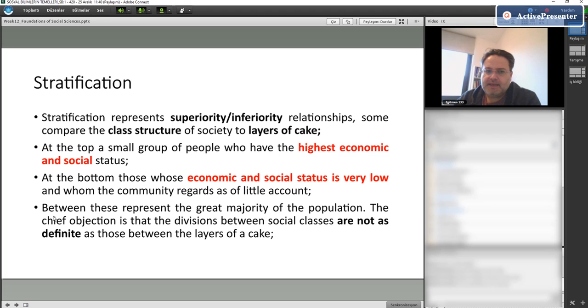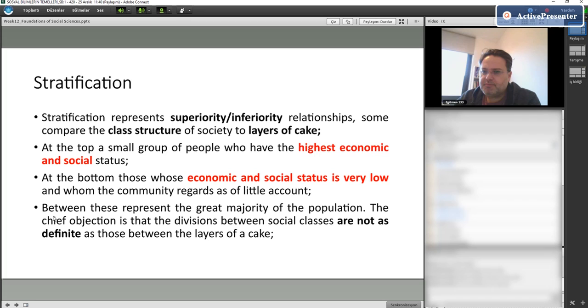And we made a metaphor, an analogy actually, of a cake. The upper thin layer consists of the highest economic and social status, and then there are many other layers within a cake, referring to economic and social status being mediocre or middle class, and then the bottom layer, whose economic and social status would be so-called very low.